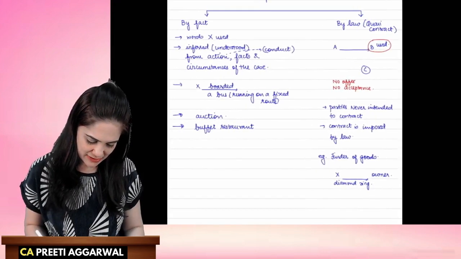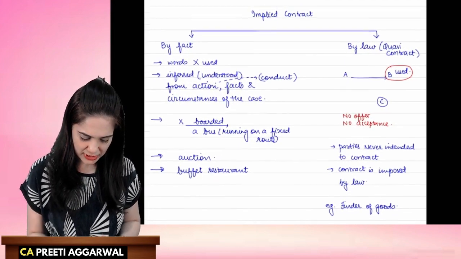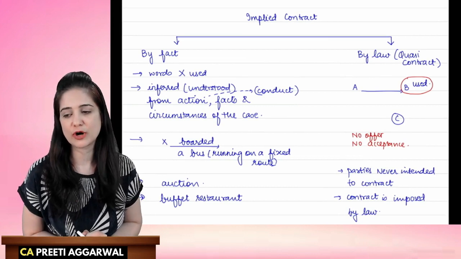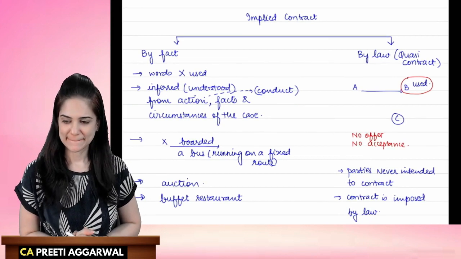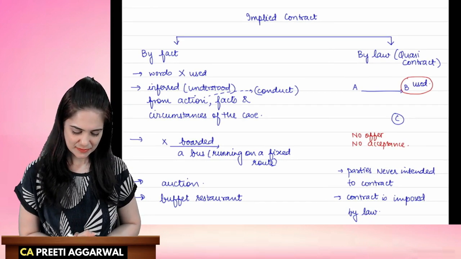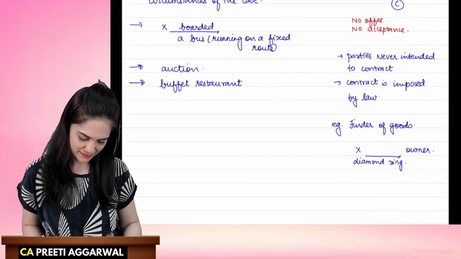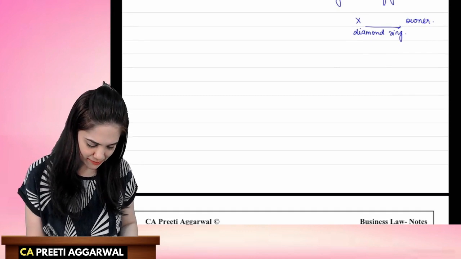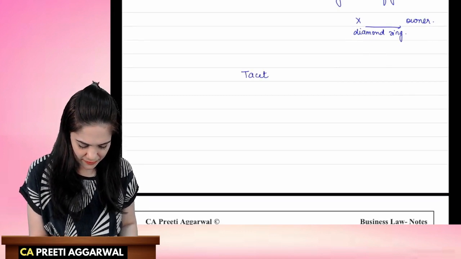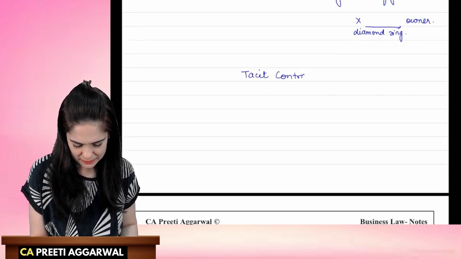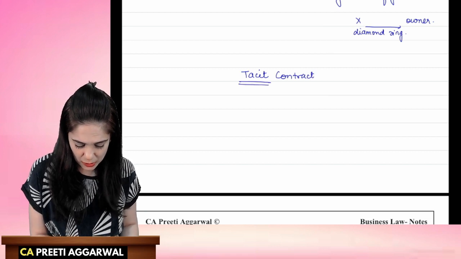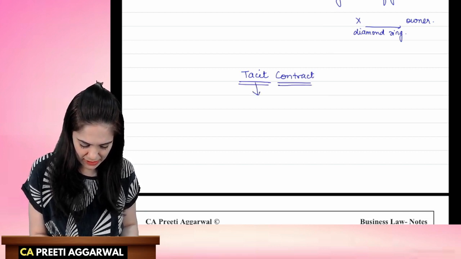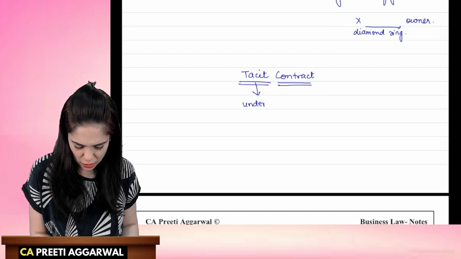So students, this was implied contract. Just note it down, and then we will also study what is the meaning of tacit contract. Let us understand the meaning of tacit contract. See, the word tacit means understood from silence.